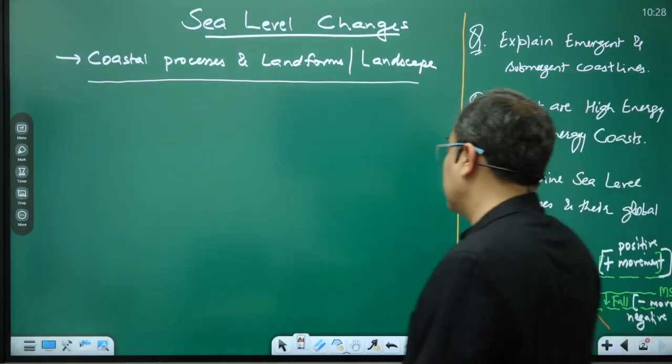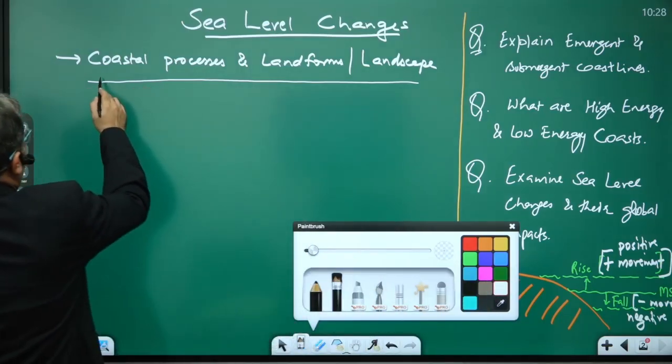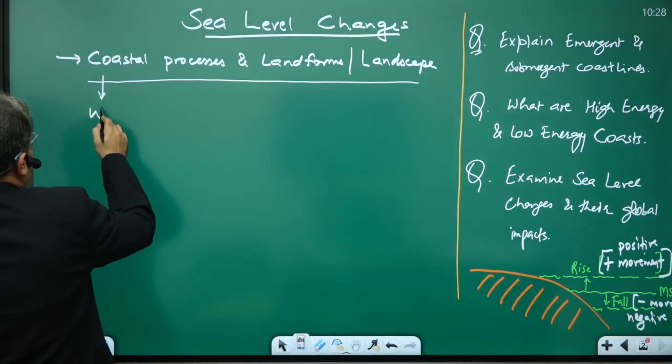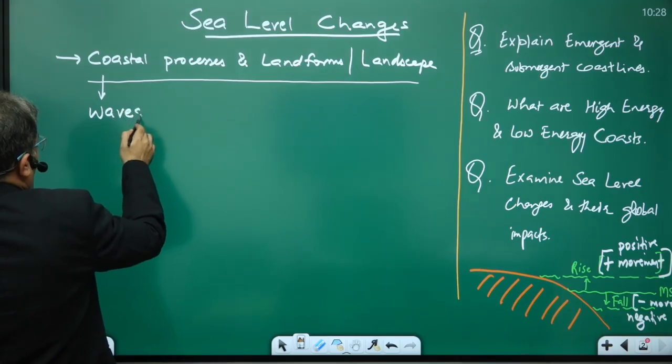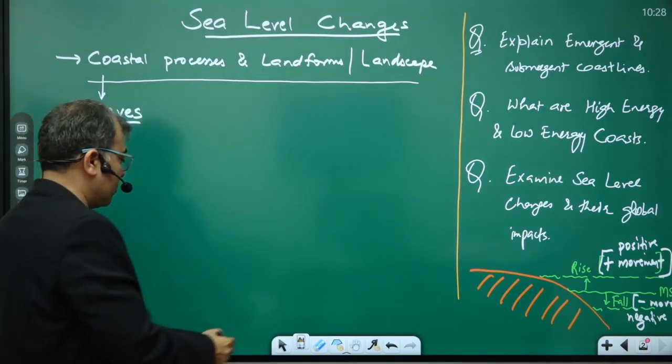Let us go to coastal processes. Coast में कौन सी process काम करती है? Coastal processes में काम होता है waves. Waves, coastal waves, sea waves. These are generated by winds.